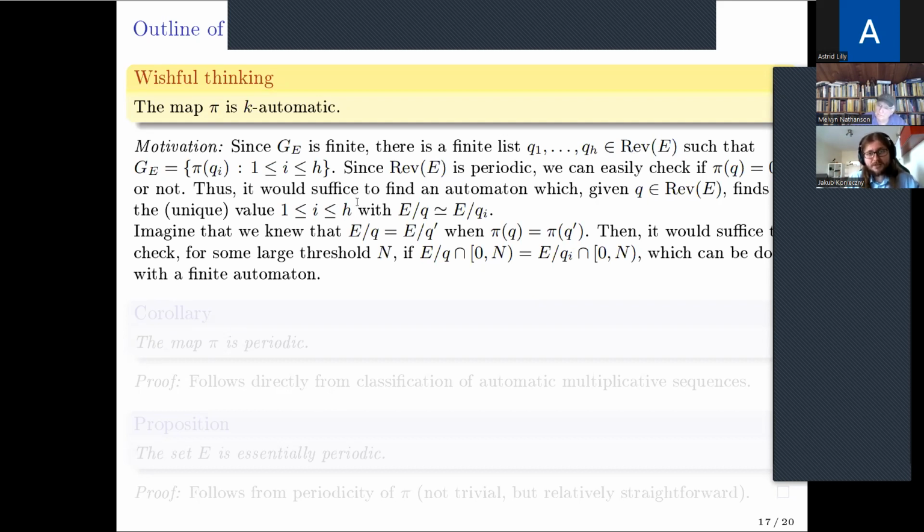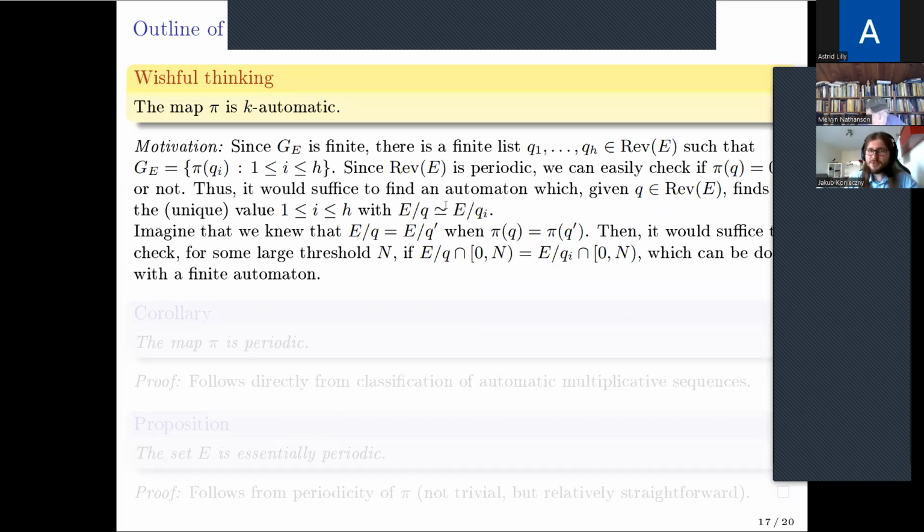So all that we really need to do is, given an integer Q that we know lands in ref, we need to find the value, and we know that there is a unique value such that E divided by Q is essentially equal to E divided by Qi.